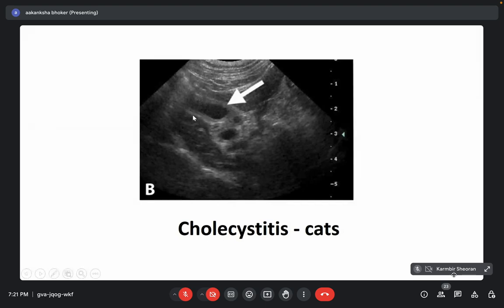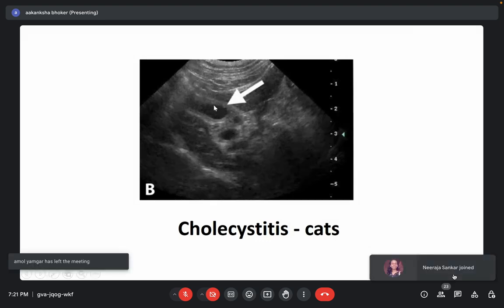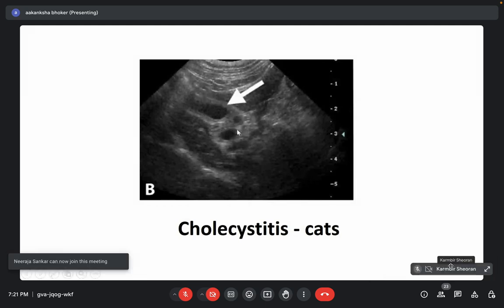It is an image of a cat, and in dogs, generally, we cannot see the cystic duct. I told you in the previous lecture also. But here, you can see these are the cystic ducts. These ducts are again thickened. So here, this is a cholecystitis with gallbladder wall edema and a thickened cystic duct, seen in a cat.